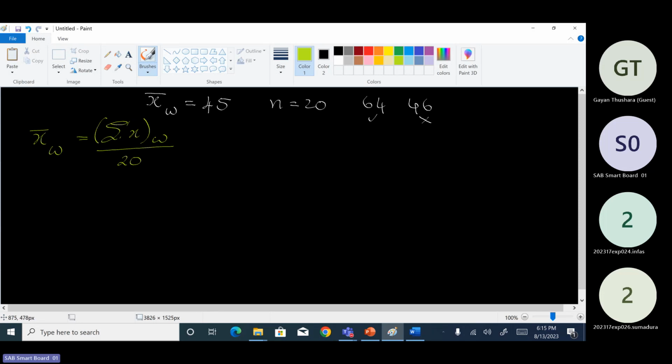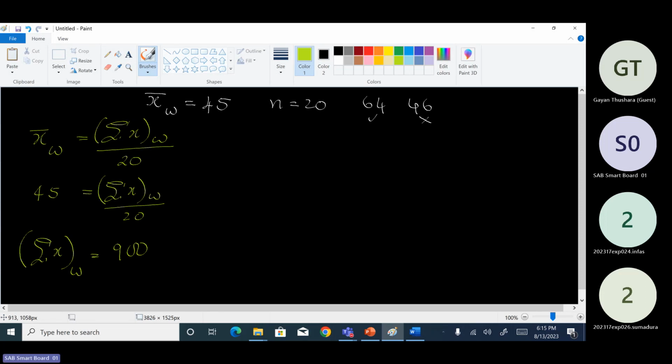So this wrong value given is 45. So sigma X wrong over 20, cross multiply, you get sigma X W. The wrong sum is 900.